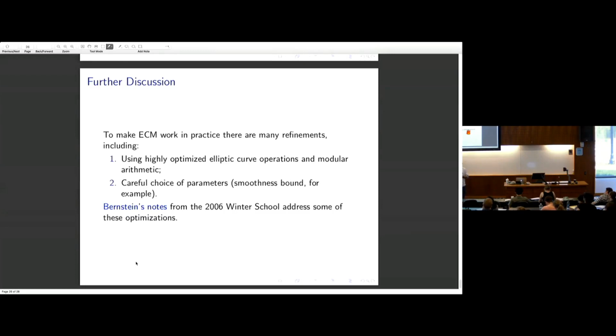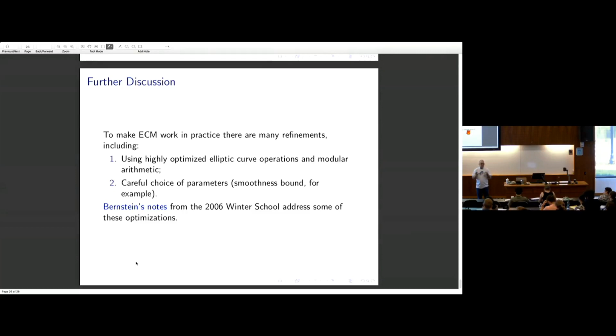The normal Euclidean algorithm for modular inversions is very efficient, but for large numbers there are fast Fourier transform improvements on that and on the arithmetic that make those parts of the algorithm more efficient. You can also make a very careful choice of parameters by looking closely, not just at this asymptotic Canfield, Erdős, Pomerantz result, but using more concrete information that you can get experimentally about the distribution of smooth numbers.